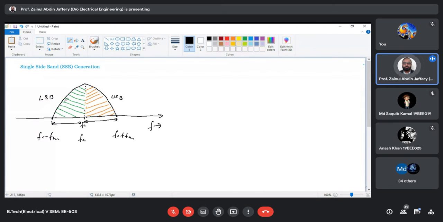if you have to filter out one sideband, let us say कि हम lower sideband को filter कर रहे हैं, तो what you have to do, you have to simply use a band pass filter, okay, of appropriate type, of course. So if you use a band pass filter, the band pass filter characteristics will be like this, okay.